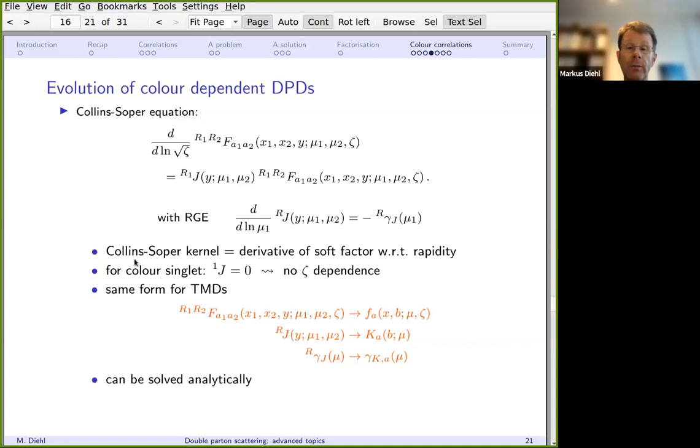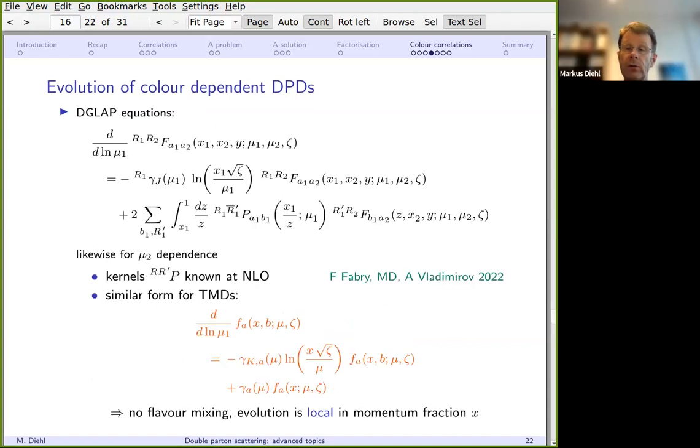And it's well known from the case of transverse momentum distributions, where everything is the same, basically just that you have fewer indices because you have just one parton instead of two. The DGLAP equations, which I had discussed before, now look like this. The scale derivative with respect to one of the parton scales is given by a splitting function convoluted with the DPD. That is the same kind of thing you would have for PDFs, again with fewer indices.